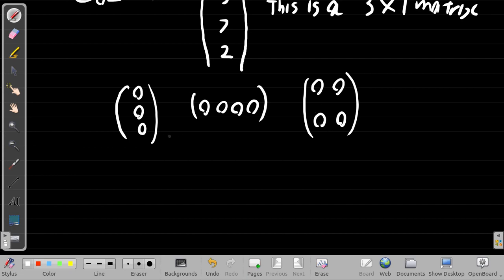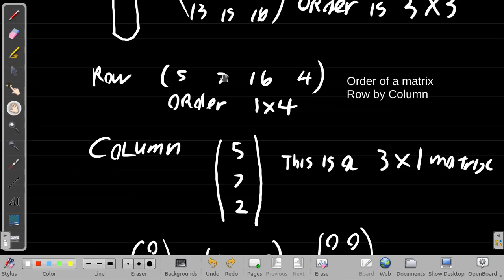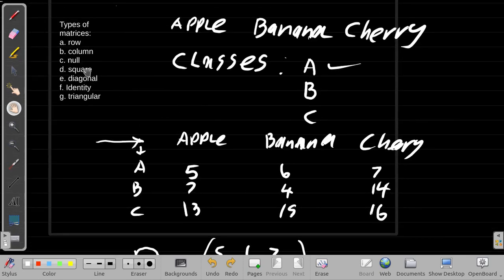So you have a 3 by 1 null matrix, a 1 by 4 null matrix, and this is a 2 by 2 null matrix, 1, 2 rows by 1, 2 columns. So those are the null matrices.